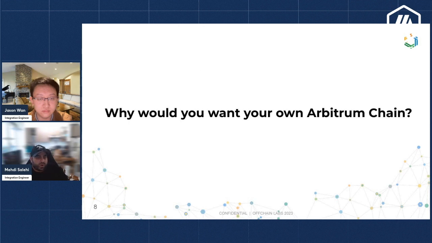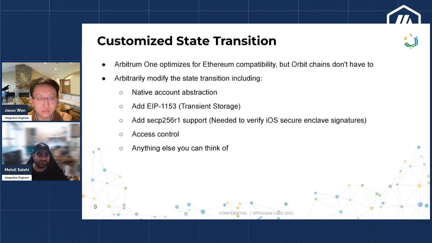So why would you want to have your own chain? There are lots of reasons people would want to deploy their chain. One of them is that on Arbitrum One or Arbitrum Nova, we optimize the chain for Ethereum, but for an Orbit chain, you can do whatever you want.